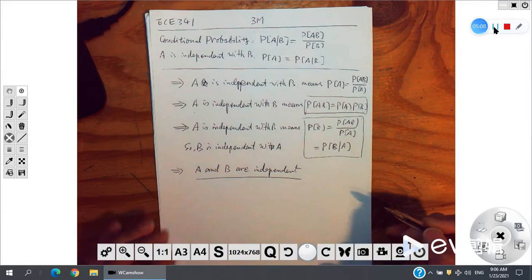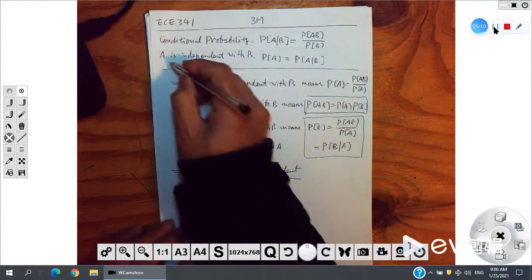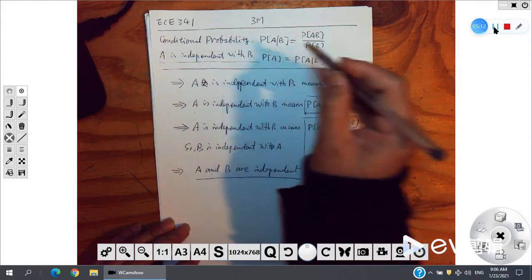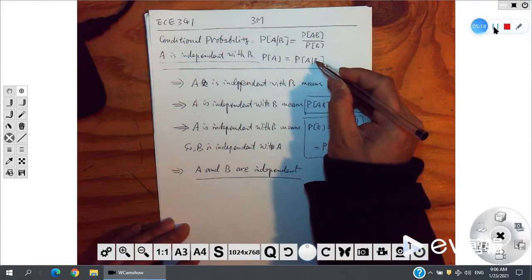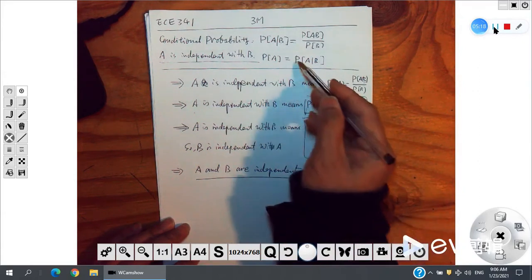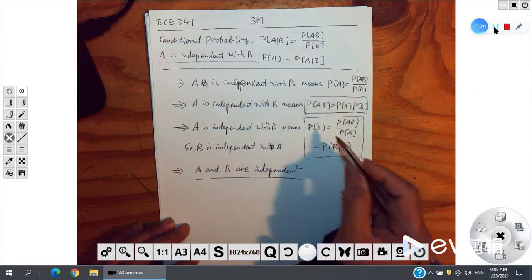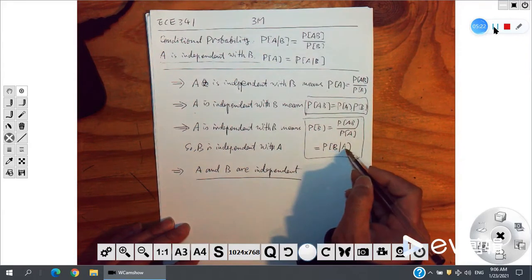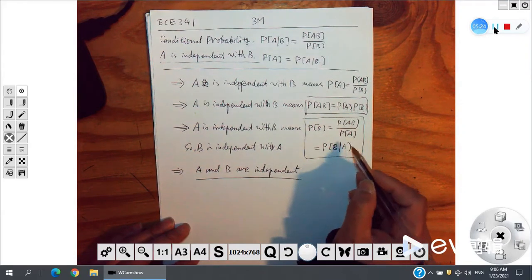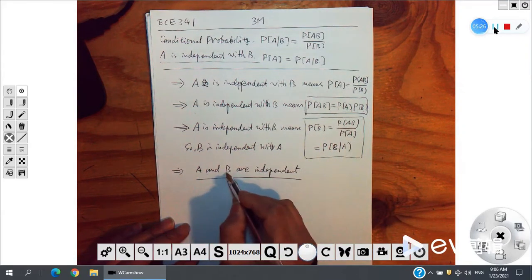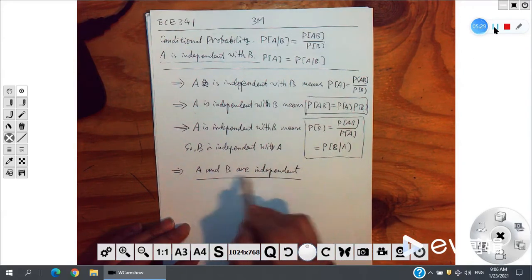Okay, by definition, when you define independence, you need to consider B as a condition. And then you can write this equation in a different way, where now A is the condition. So both A and B could be the condition, and we can say A and B are independent.